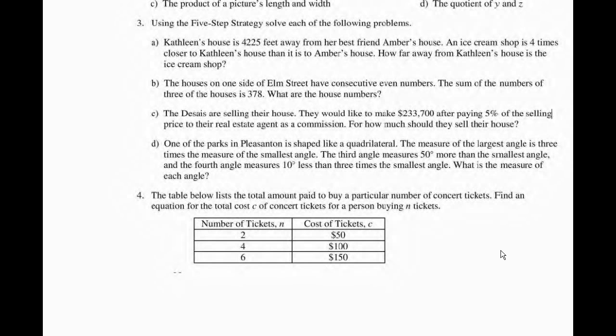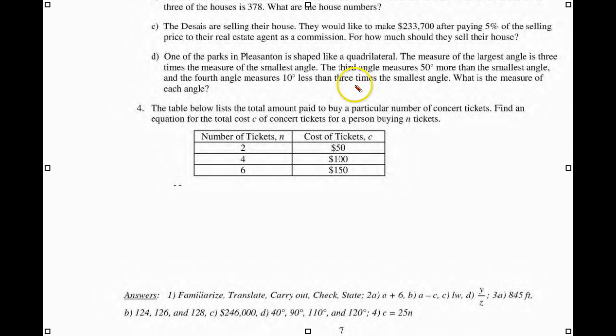One of the parks in, well, I'll let you read it and then we'll get back to it. Okay, so when we think of this problem, we have to know what a quadrilateral is. And basically, it's just a four-sided figure.